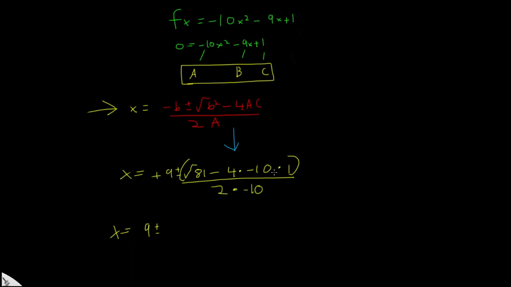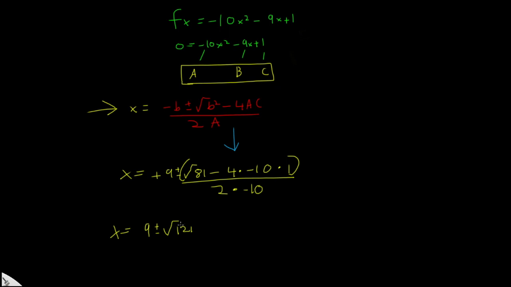And hold on a second, I think we've done something wrong. No, it's fine. So negative 4 times negative 10 is 40. So you just add 81 plus 40, which is 121. 121 times 1, which is still 121.